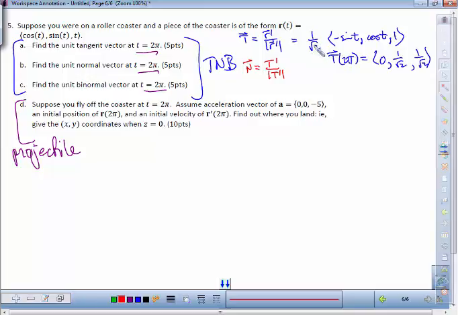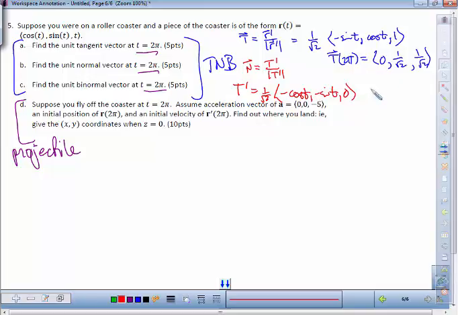So if I want to take the derivative of that, I would leave the constant out by itself and then just take the derivative of the vector. I need to do this in pieces. T prime is equal to 1 over root 2 times the derivative: negative cosine t, negative sine t, and 0. 0 is always nice.